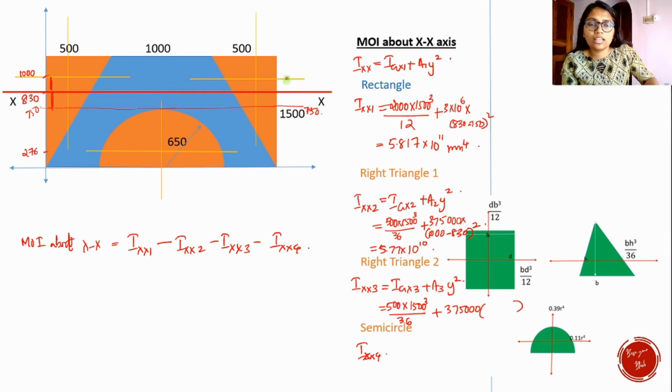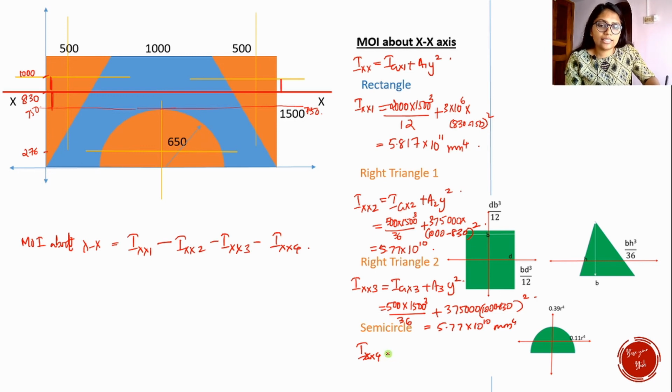Yellow axis is the original centroidal axis for this right triangle alone, but x-axis, this red line, indicates centroidal axis for the whole of this shape, isn't it? For the blue shape specifically. So this distance is again 1000 minus 830 whole square. Okay. Again you are going to get only 5.77 into 10 raised to 10 millimeter raised to 4.